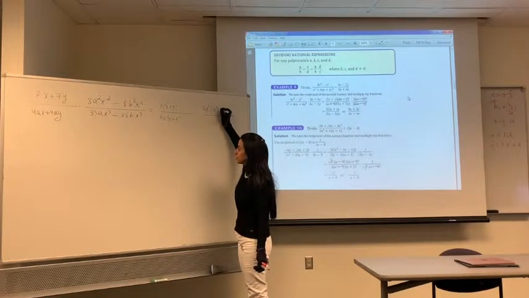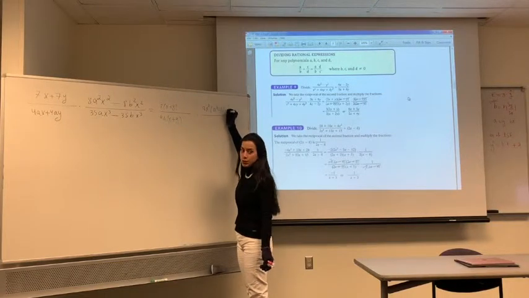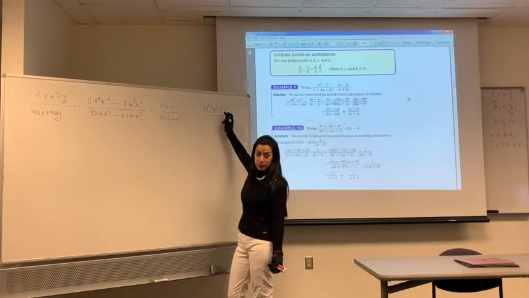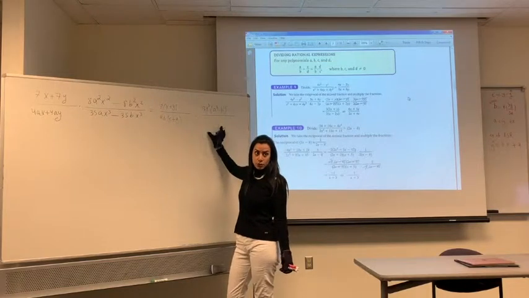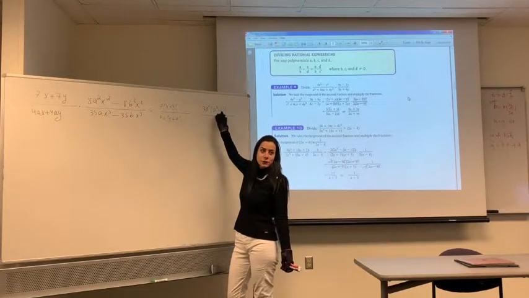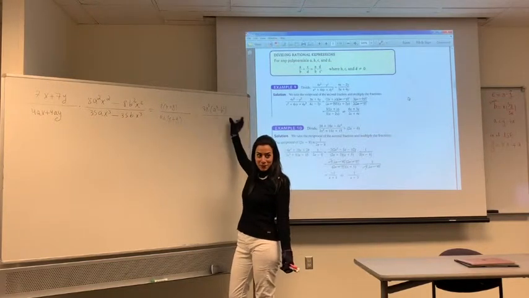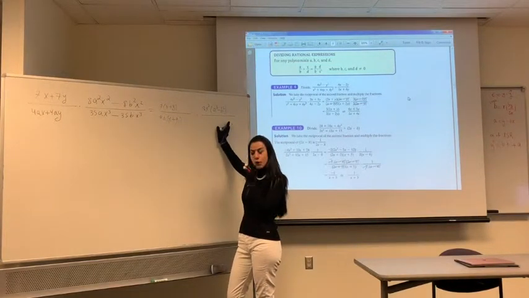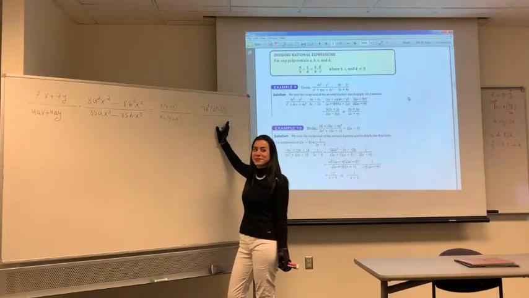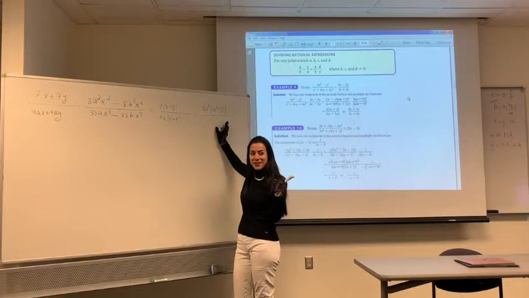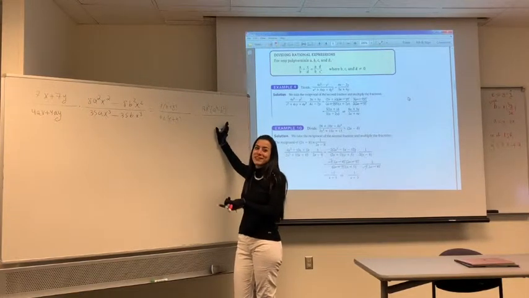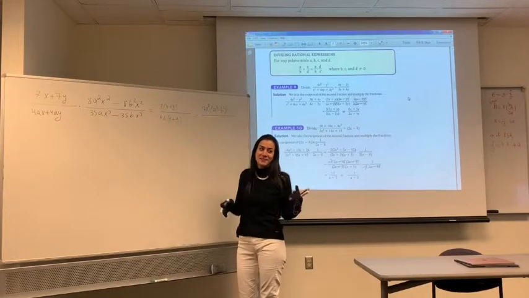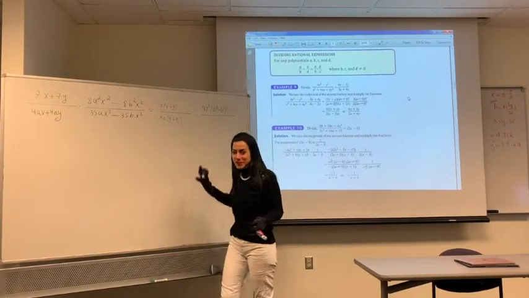Okay, so let's keep it to see what happens. I was thinking maybe I'm going to cancel those. You know already this is a minus b multiplied by a plus b. That's why at the end you can cancel them out and whatever remains. Okay, let's keep it.